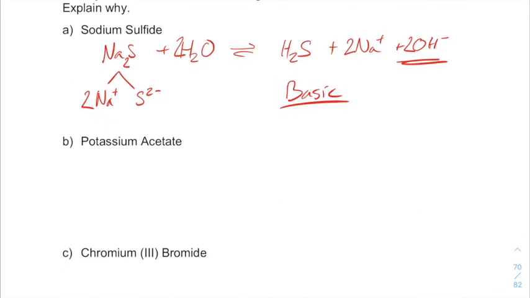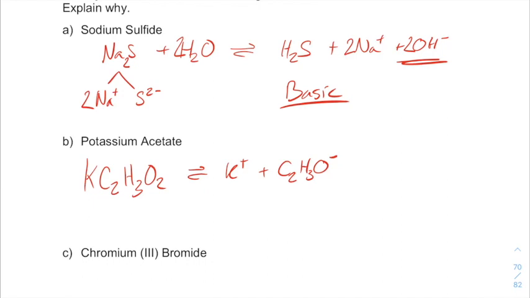Okay, so for potassium acetate, we have KC2H3O2, and that dissolves in water. And so when it dissolves in water, we're going to get K+ and C2H3O2-.